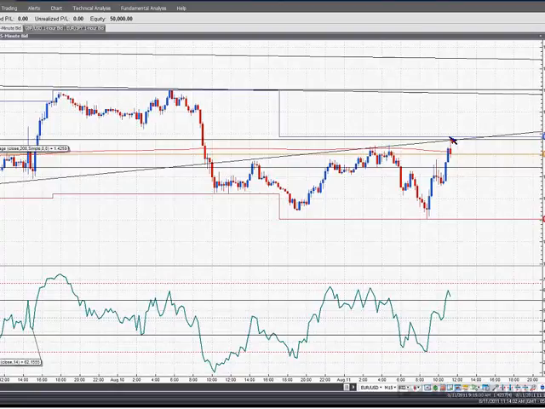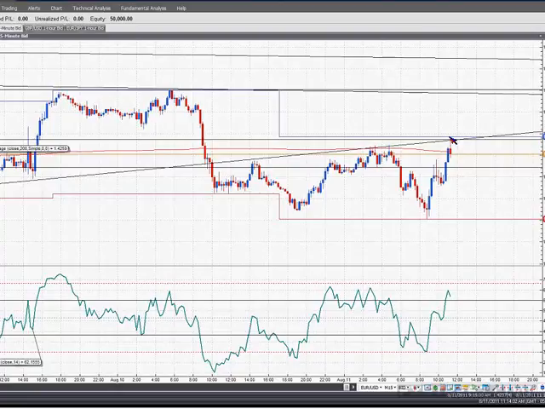So basically what we want to see is a break above this high, near 1.6470. Then I would start considering the trending mode, back towards these highs here. I'm going to have to estimate here, this is about 1.6740.